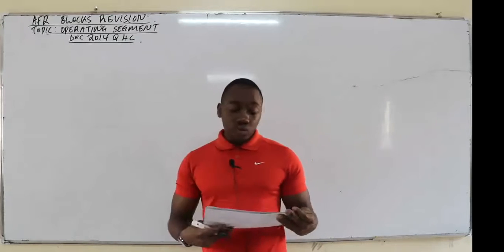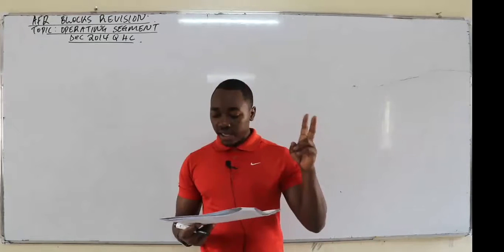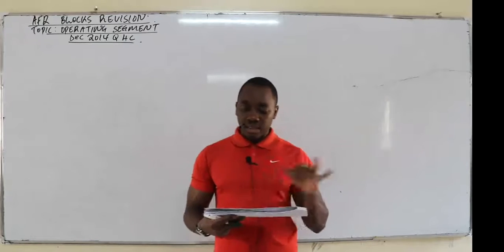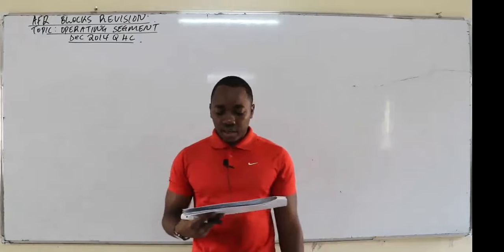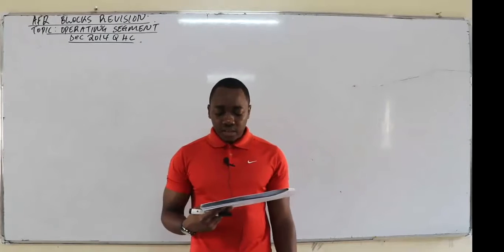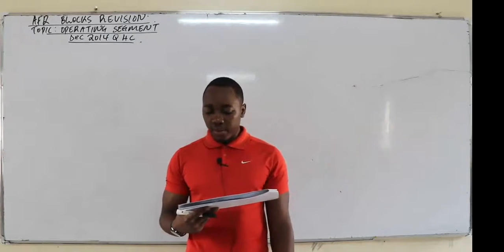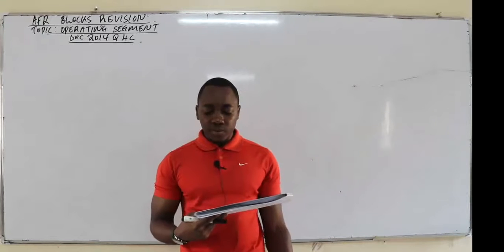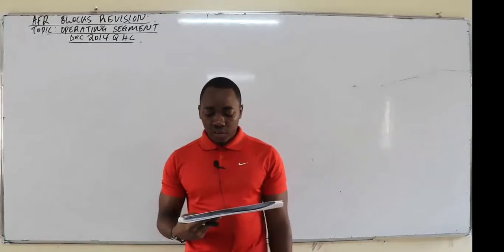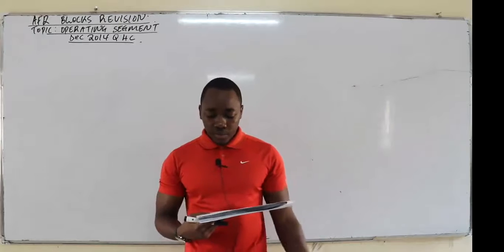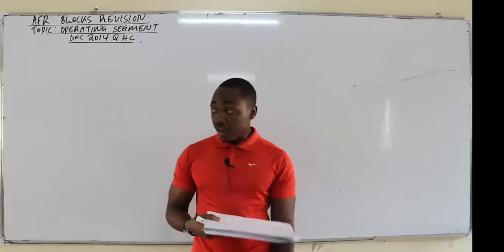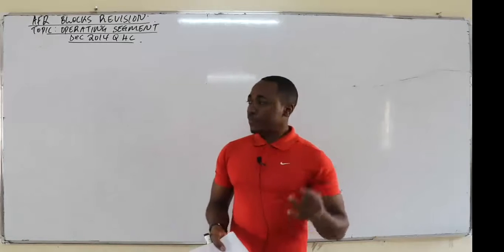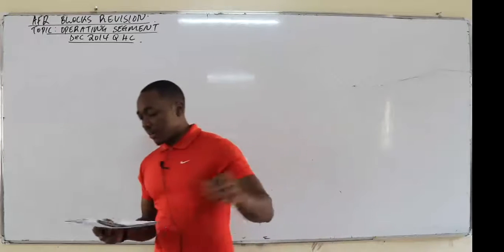For geographical report, they only represent 2 items: the revenue from external customers and the non-current asset, nothing more. Required, with reference to IFRS 8 operating segment, prepare number 1, segment report for the group for the year ended 30th September 2014. And then number 2, a reconciliation statement for revenue, profit or loss, total assets, and liability. You only reconcile the 4 items: revenue, profit, assets, and liability.